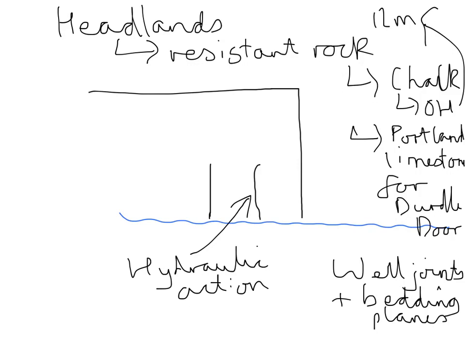As the wave retreats, there's that release of pressure, and there's like a mini explosion. Repeated over a long period of time, eventually fragments break off, and these joints slowly erode, become larger and larger, until they start to form caves.